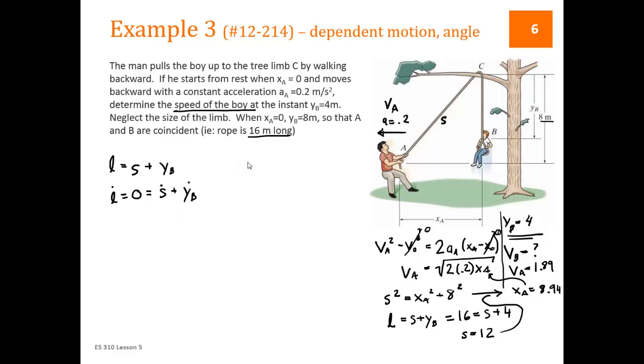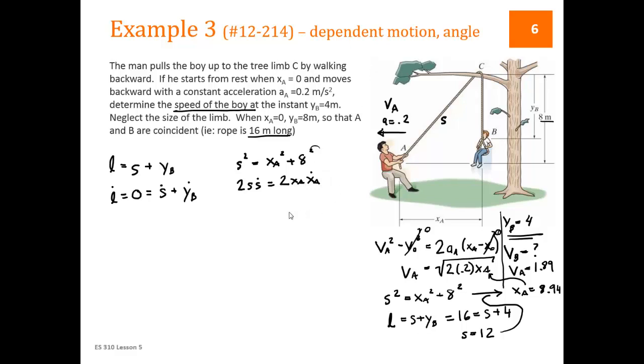Well, we've already written an expression for S. So S squared is equal to XA squared plus 8 squared. Take the derivative of both sides because we're trying to find S dot. So 2S S dot is equal to 2XA XA dot, and the derivative of a constant is 0.